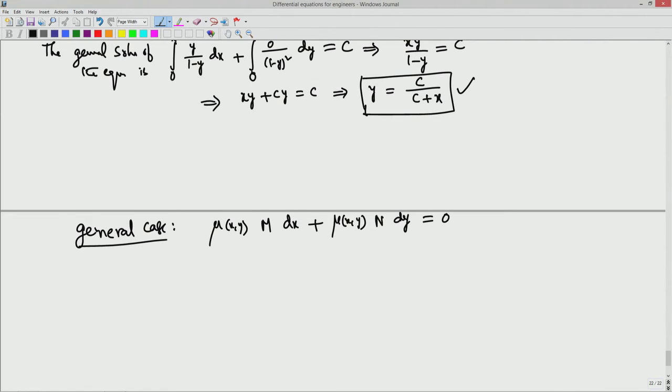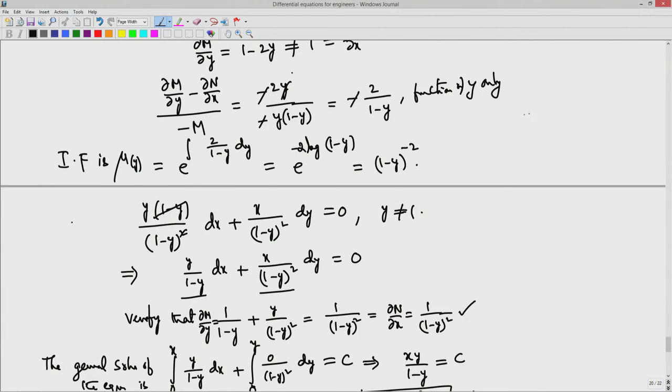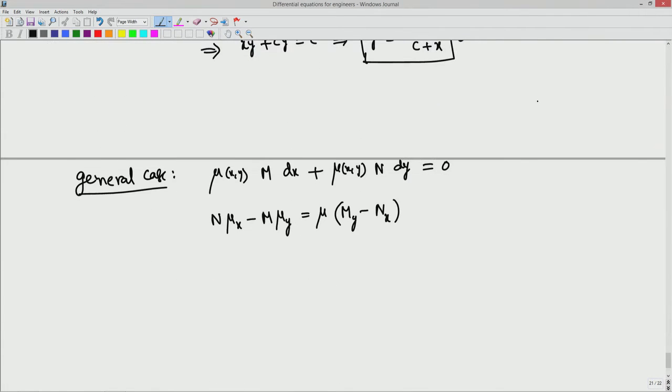Mu has to satisfy n mu x minus m mu y equal to mu times my minus nx. This is exactly what we had earlier. So this is my m, this is my n. So dou by dou y of mu m equal to dou by dou x of mu n will give me this.